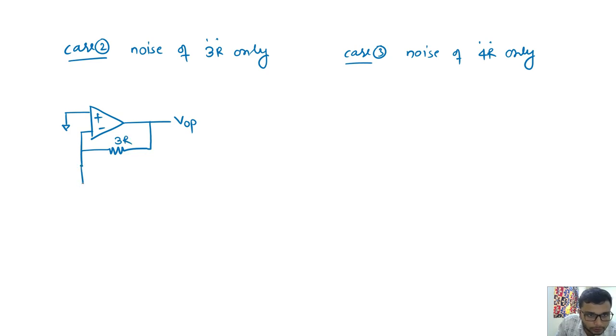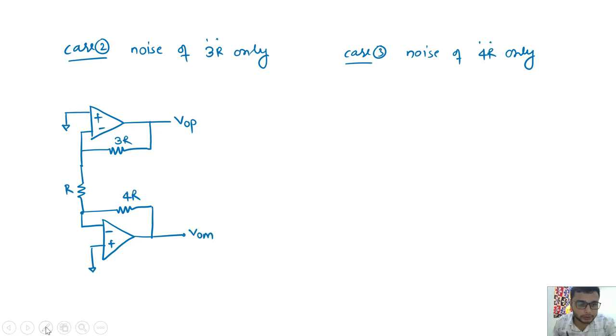I will consider a voltage source here because we can handle it easily, because it is in series. Direction does not matter that much, still I am considering it like this, Vn of 3R. This node is 0, this node is also 0, so there is no current in this resistor.